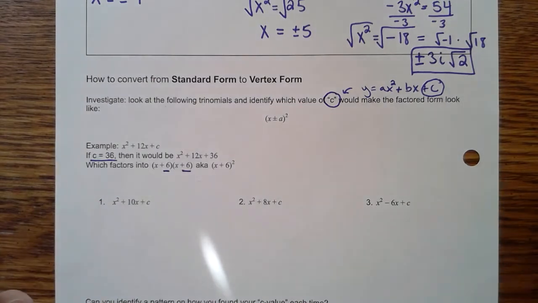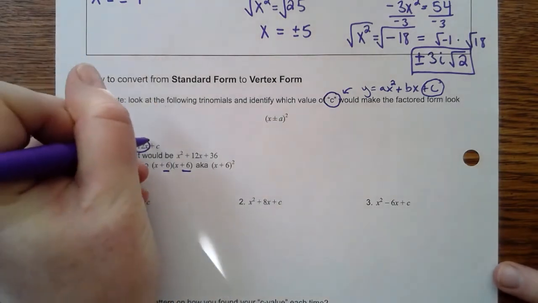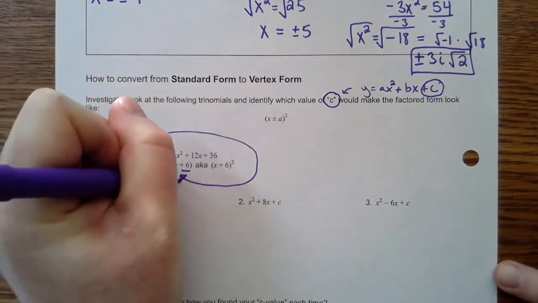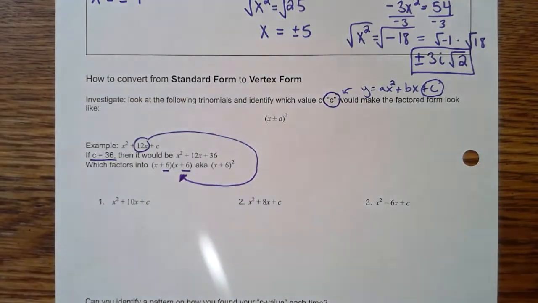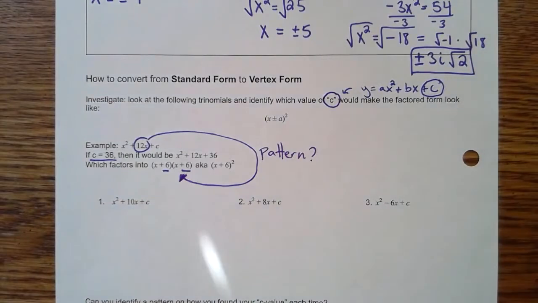We're looking for matching values right here. So start thinking, what's the pattern between this 12 and these 6s? What's that pattern? Let's investigate. And pause here if you feel like you get it and you want to try it on your own, and you can always check my answers.